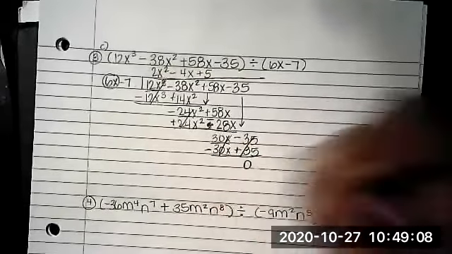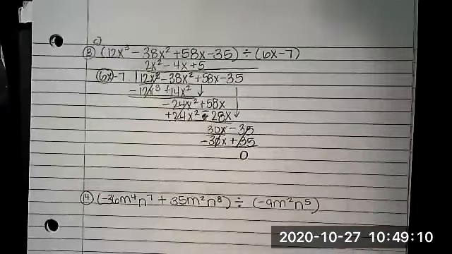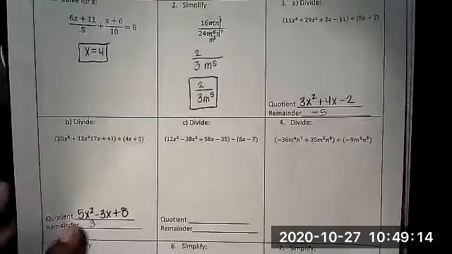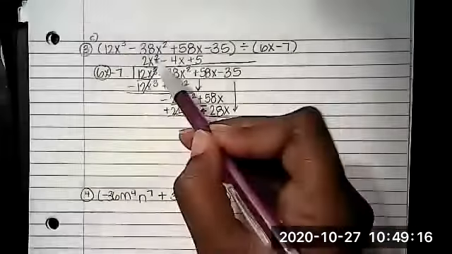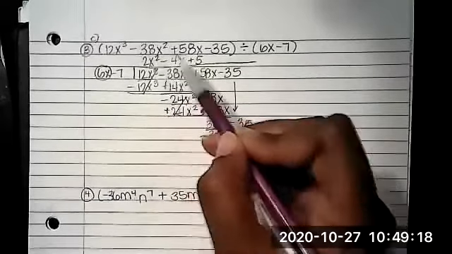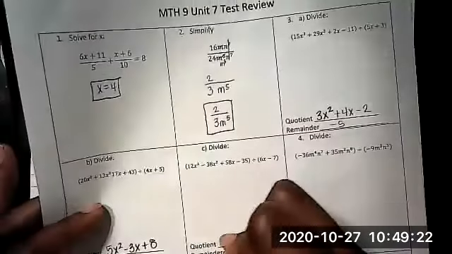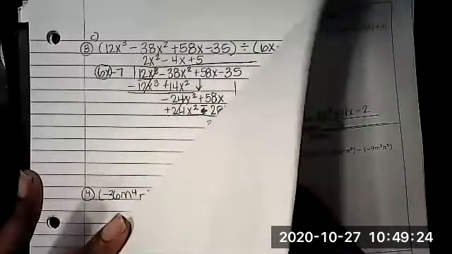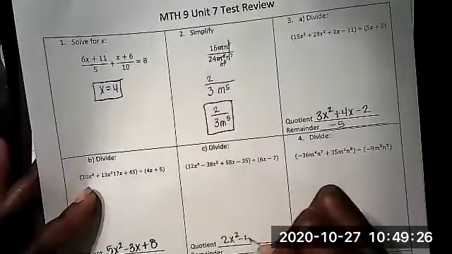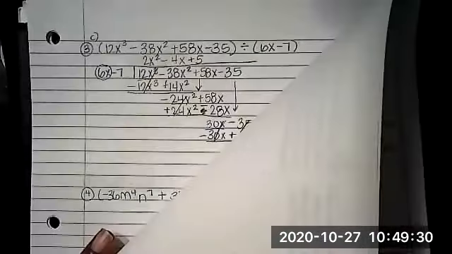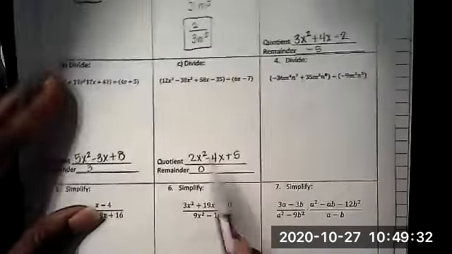This becomes 0, 0 remainder, which is fine. So for this quotient, the answer is 2x squared minus 4x plus 5, 0 remainder. Yep, that's what we got for that.